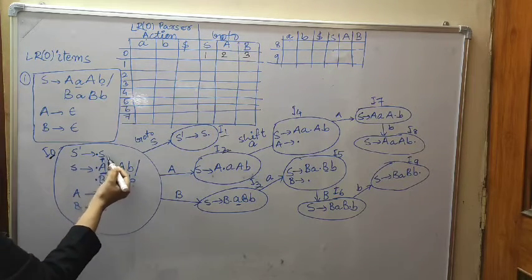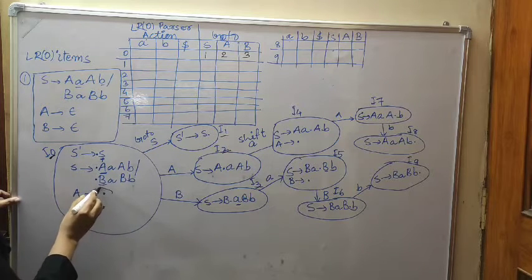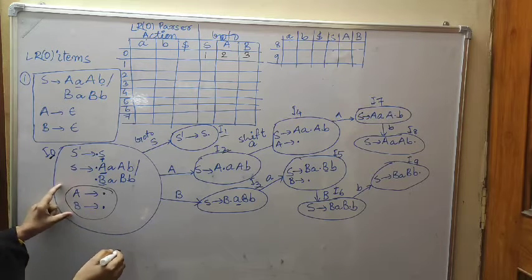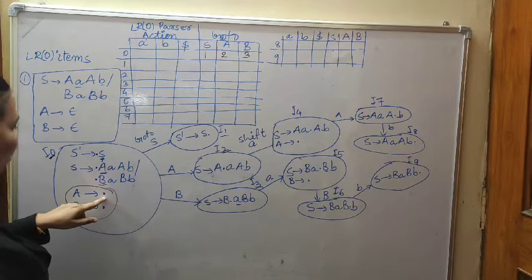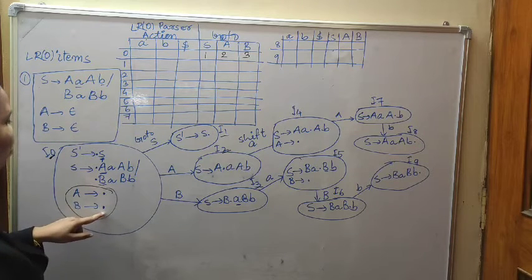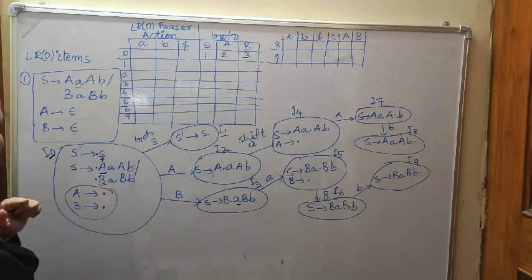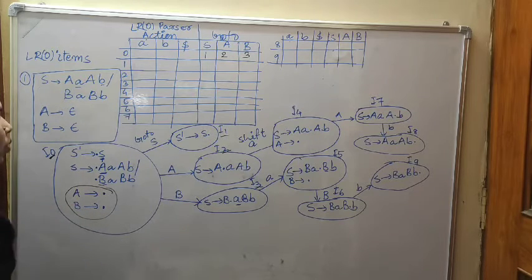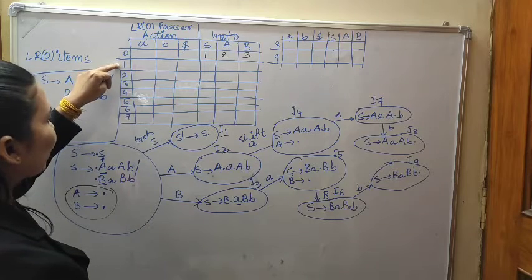Here, check whether any terminal variable is given. Yes, this is the final item, A2 dot and B2 dot. Both are final items. The dot means it is a final item. Let's wait, and we will go to 1.